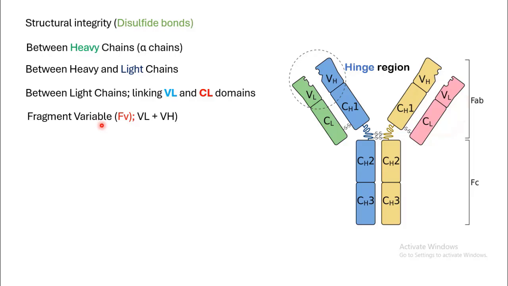This fragment variable is the variable region of the heavy chain and the variable region of the light chain. So this VH plus the VL is known as the FV region of the antibody.